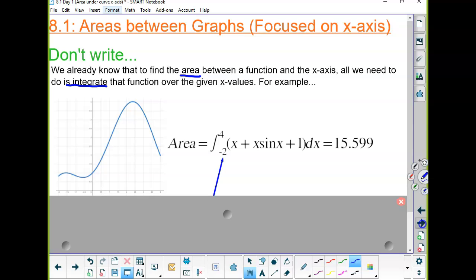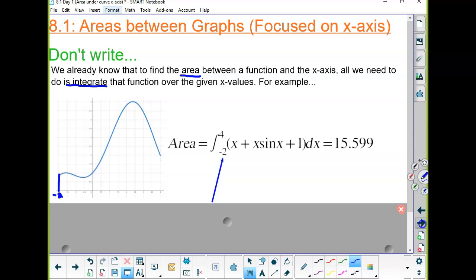What if I told you to find the area under the curve from, I think that's -2 here, -2 all the way to +4. How do we find that area? Well, calculus. Calculus, that yellow area is the integral.